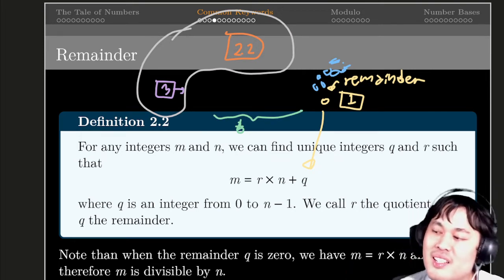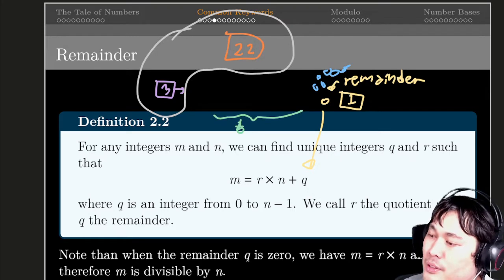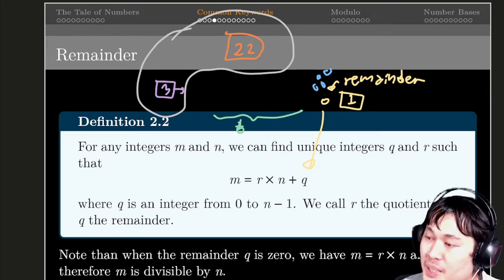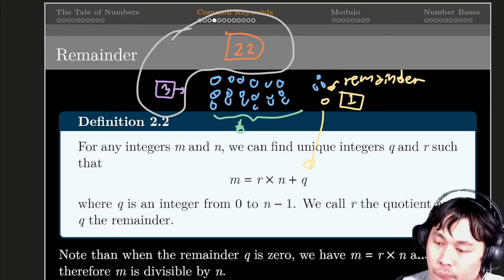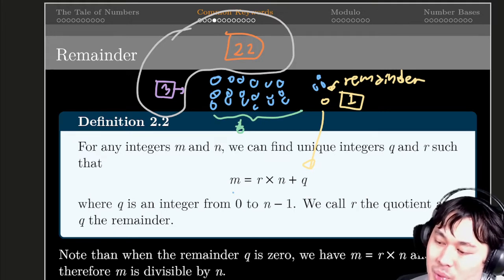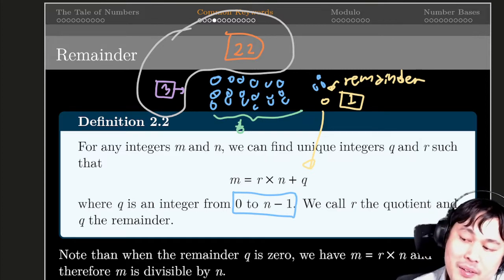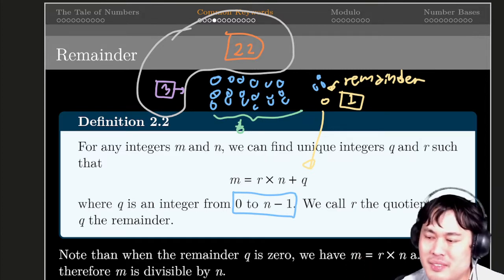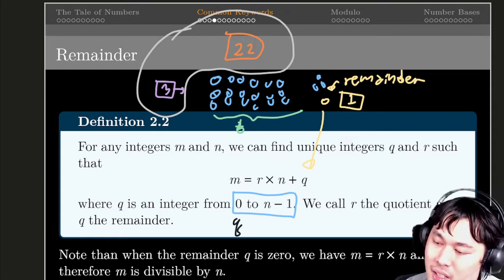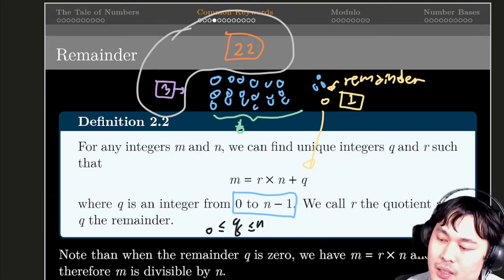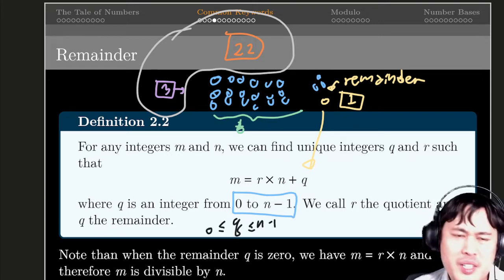That's gonna be ridiculous. So we have to impose an extra requirement, which is that the remainder needs to be between 0 and n-1. In math terms, you usually see that as r is between 0 and n-1. That might seem weird, like why do we need that?